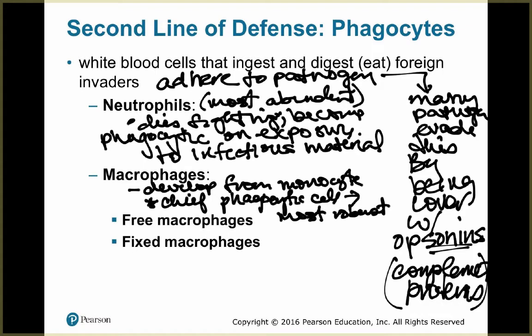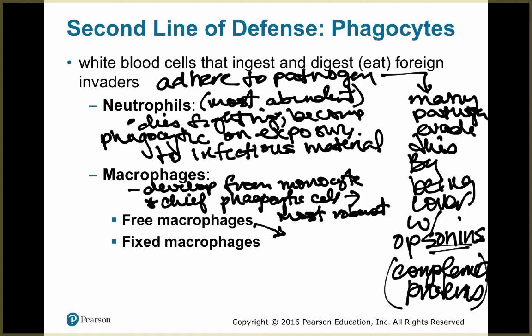There are more neutrophils, they're the most abundant, right? But these monocytes are made to be phagocytic, that's their main job. So yes, there's more neutrophils in there, but basically the macrophages that develop from the monocytes are the chief one. They're the ones that you're thinking about most that actually perform this.